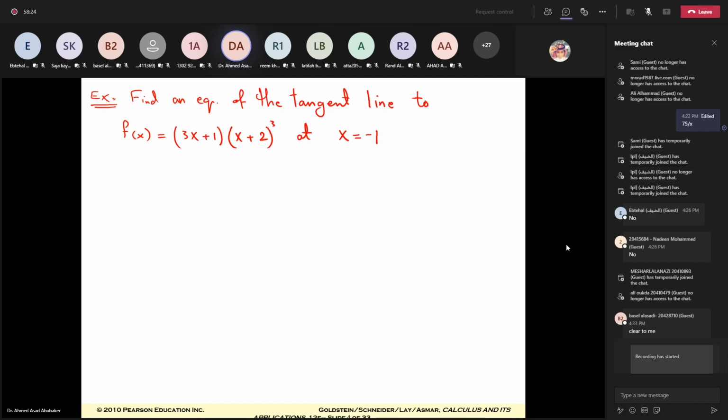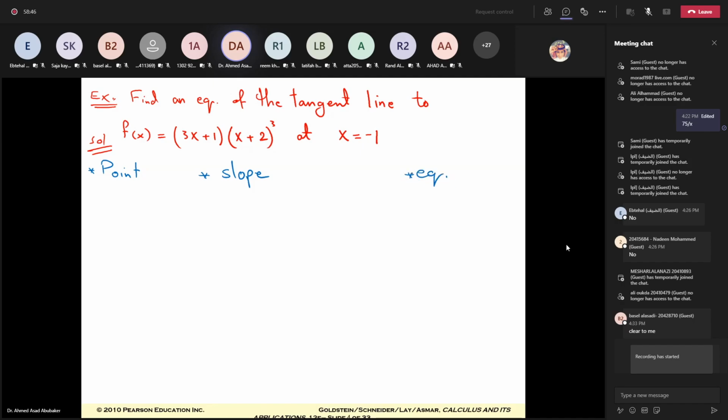To find the tangent line, we must have the point and the slope, and then we can write the equation. So, firstly, find the point, find the slope. After that, we can write the equation.